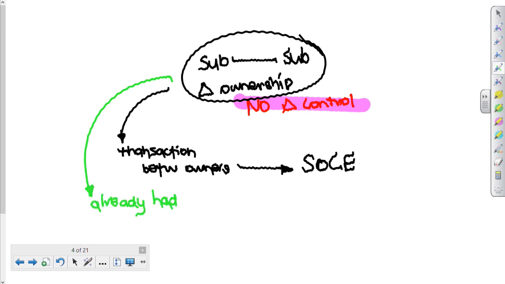Do you agree that if I earned 70 and now I earn 90, I already had control? So therefore, there's no goodwill in this transaction. It's a transaction between owners. It happens in the statement of changes in equity. And I already had control, so there's no goodwill.